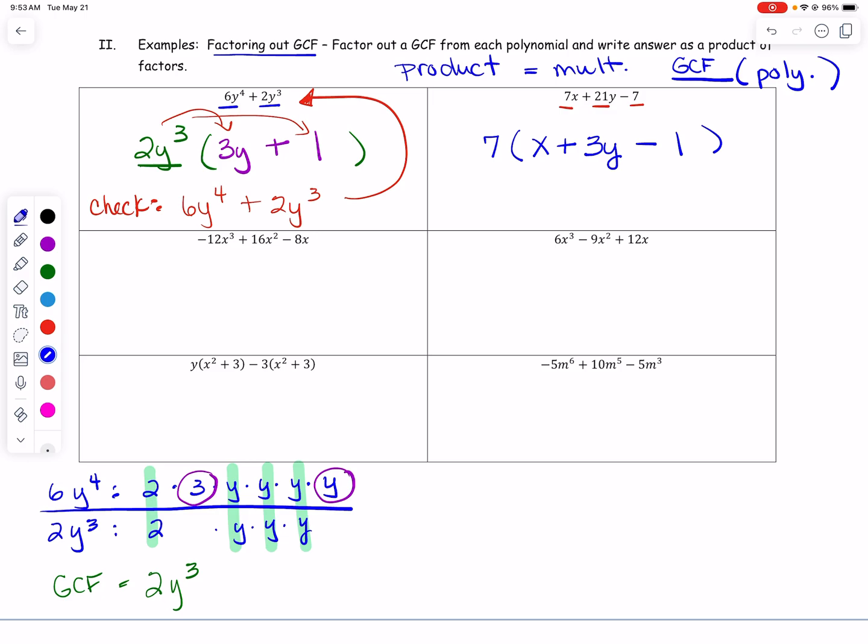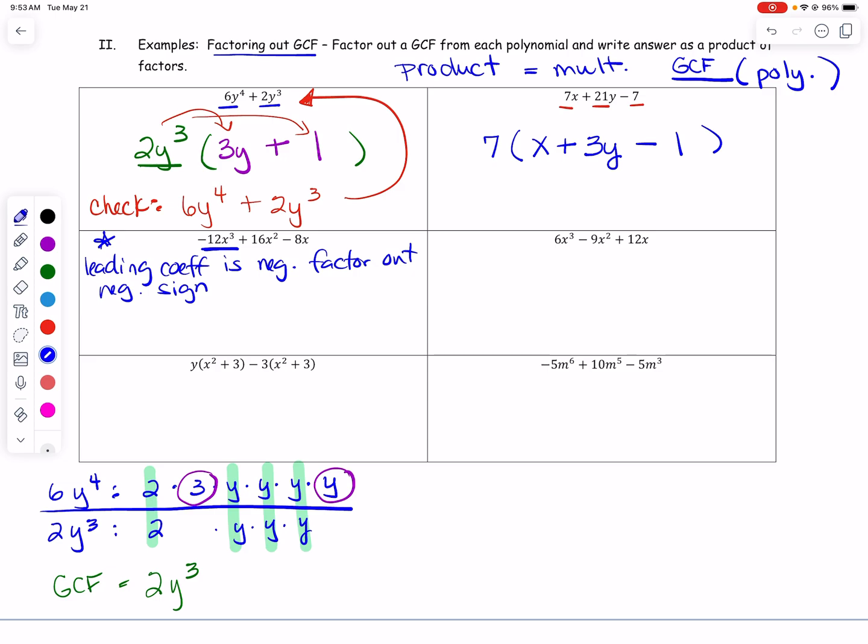Now, the rule of thumb here is if your leading coefficient is negative, factor out the negative sign. So see, my leading coefficient right here is negative.